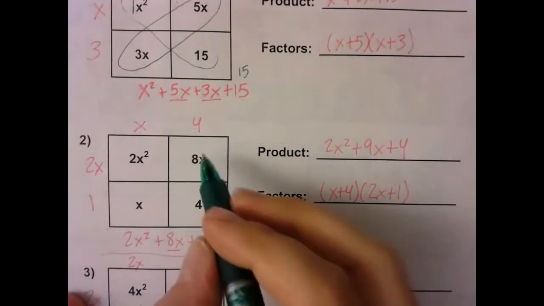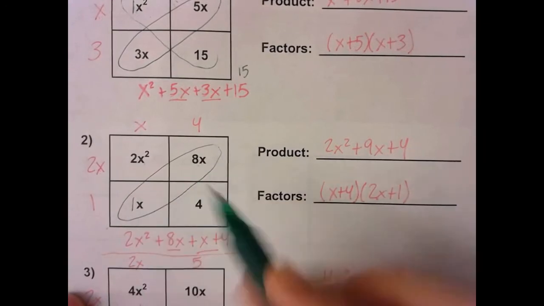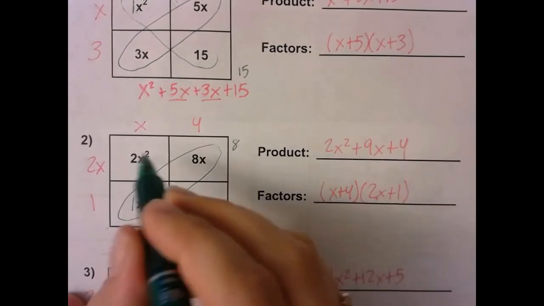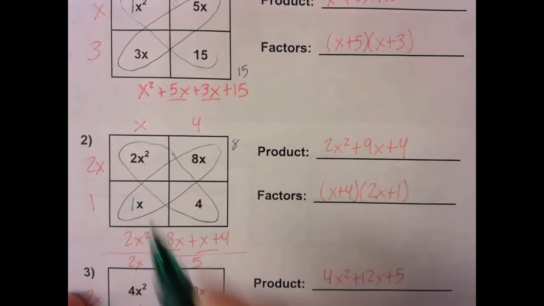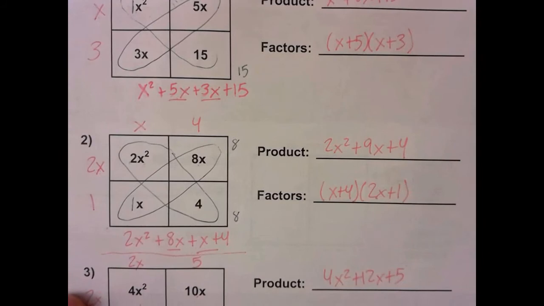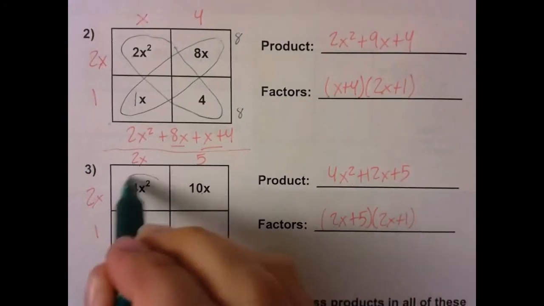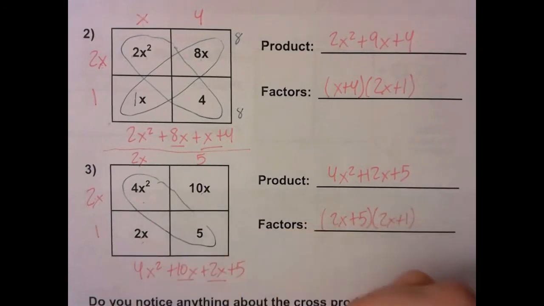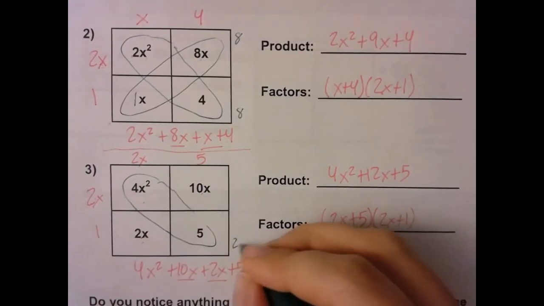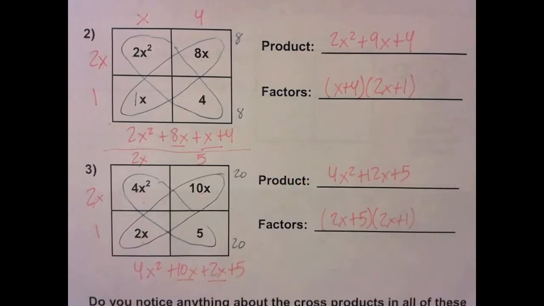Let's try the same trick on this one. So again, 1 hiding here. 1 times 8, cross product here is 8. And 2 times 4 is also 8. And on the last one, 4 times 5. What does that give us? 4 times 5 is 20. And guess what? 2 times 10 is also 20.